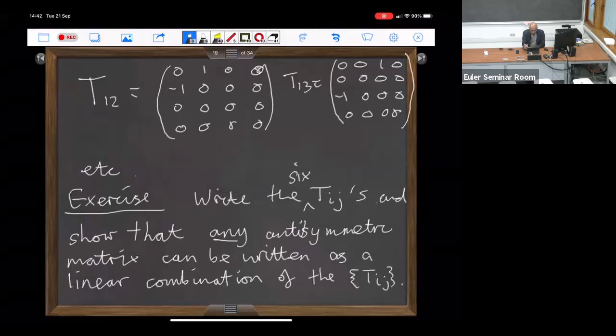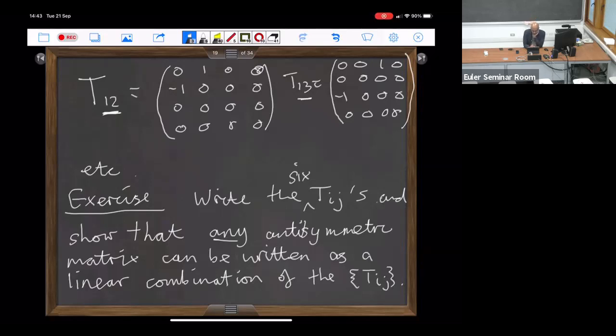So we can build up the generators as we did before, but now we label each generator by a plane. So T12 has entries only in the 1, 2 entries of the matrix, etc. T13 is in the 1, 3 directions, and just keep going.